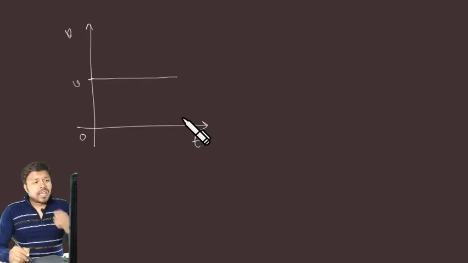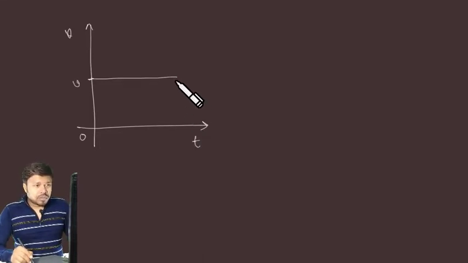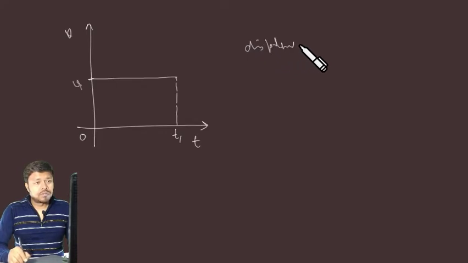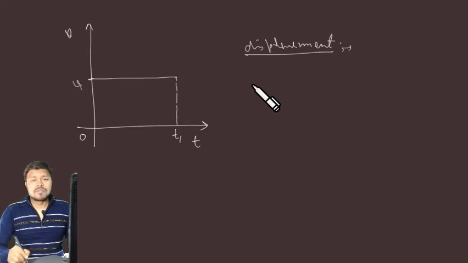All right, at time t1, let's say this is v1, the body was moving with uniform velocity v1, and for time t1, we want to find the displacement of the body from this graph.